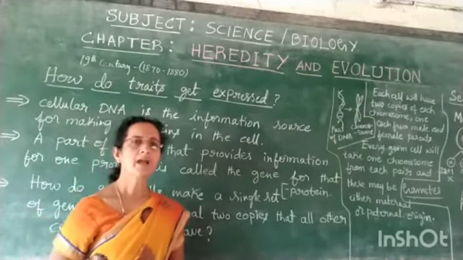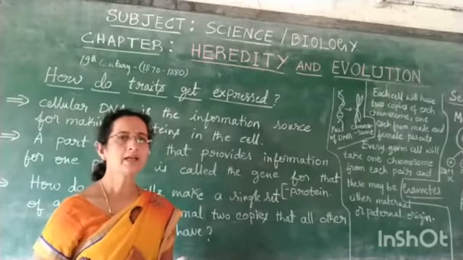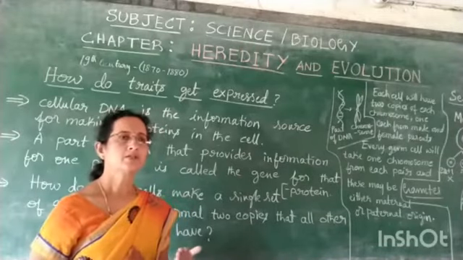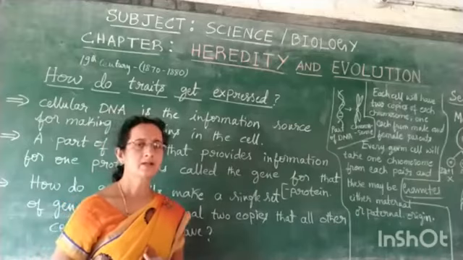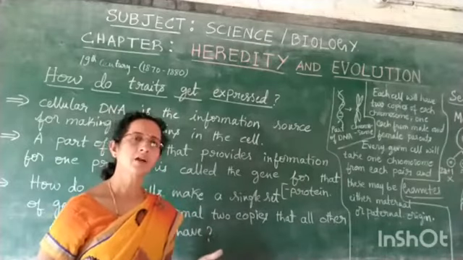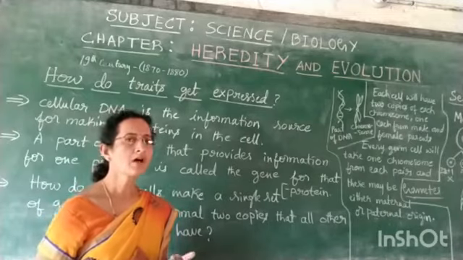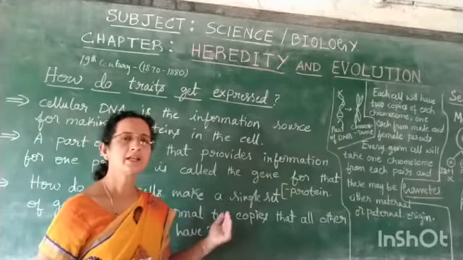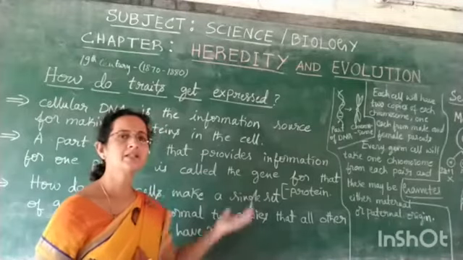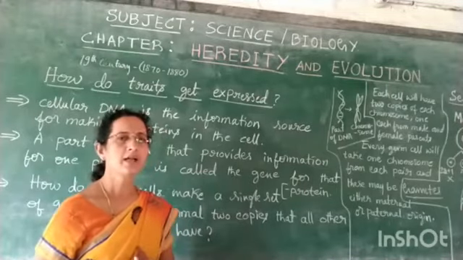In pea plants, a character like the height of the plant, that is the stem length, is considered. Why are some plants tall and why are some plants dwarf? Because the growth hormones are present in a particular plant, it will have good height.